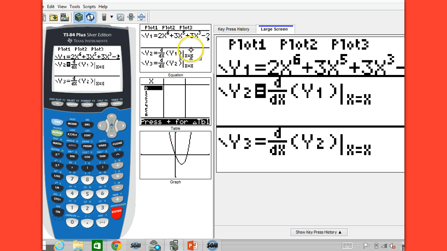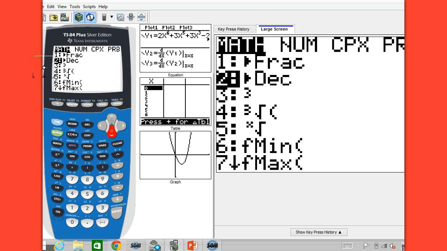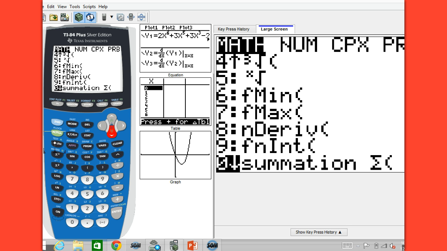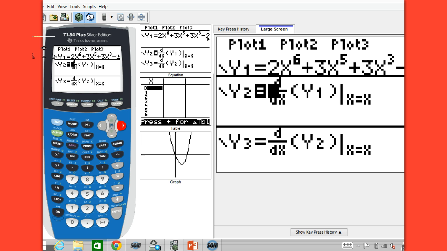The way that we get this into our calculator is, remember, we go to Math, and we go down to nDeriv. So when I choose option number 8 right there, nDeriv, it will set it up for me where I can come in down here, and I will need to put in my x value right here. I will either need to retype my equation or just tell it, use what I've already got in y1.